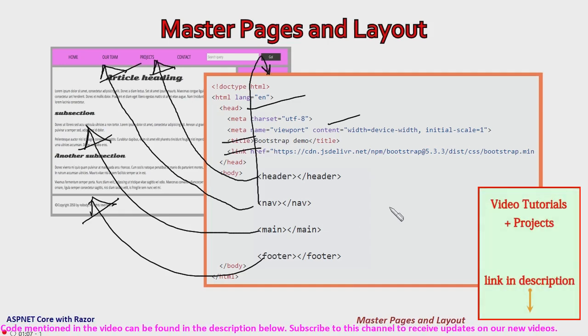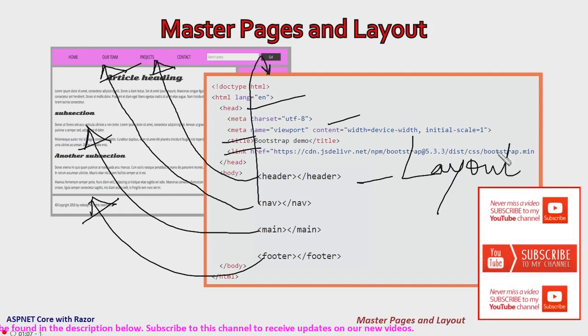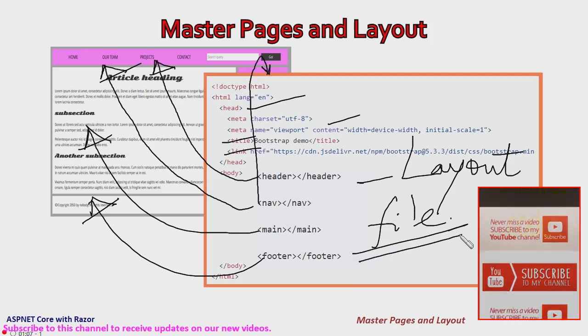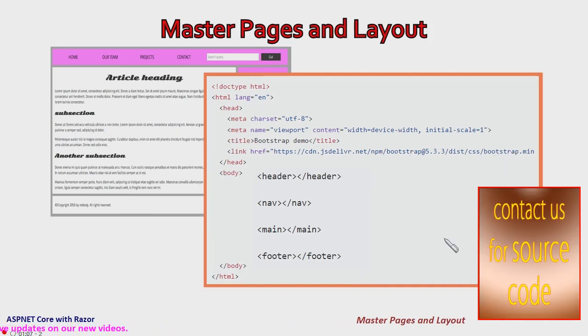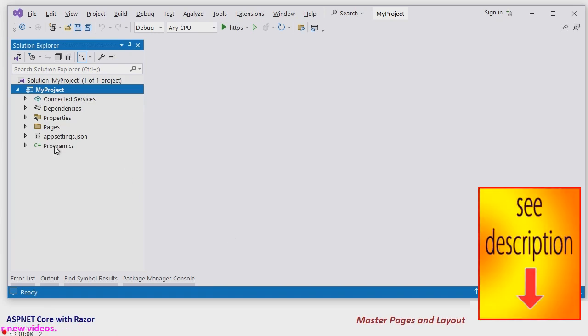So this is the structure of a page, and this is usually written inside a file called _layout. This file contains the overall structure, the constant part.